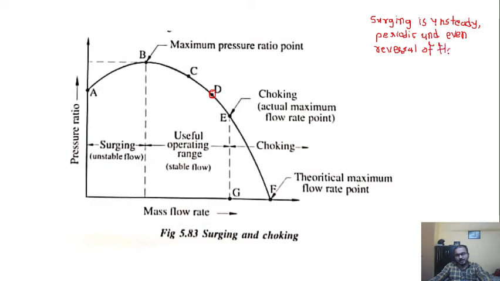When this happens, the mass flow rate is less than the predetermined value.